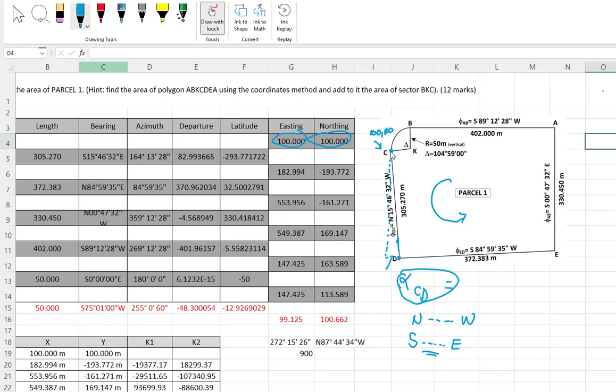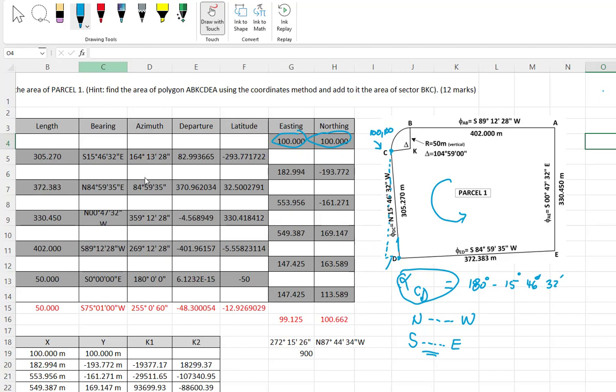The azimuth alpha CD is in the second quadrant, where the azimuth is 180 minus the angle. So here it's 180 minus the bearing angle, 15 degrees, 46 minutes, and 32 seconds. This is the azimuth of the line CD.